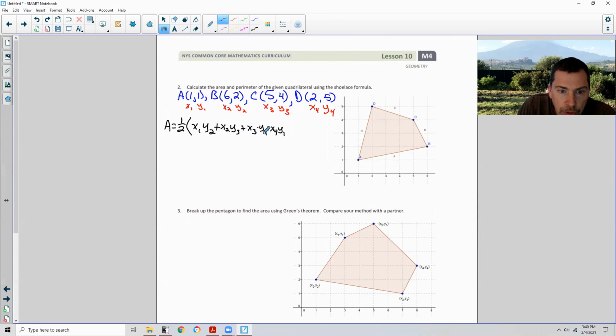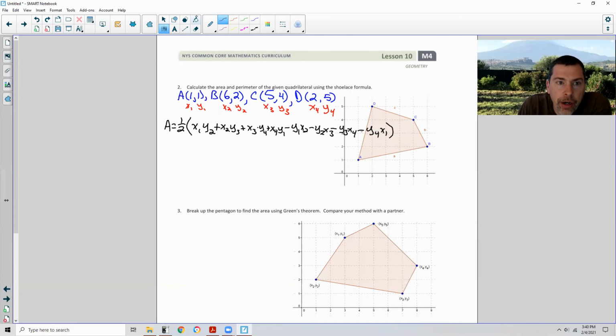So I went 2, 3, 4, 1 with the y's. Then it's minus, and then the y's start first. y1, x2, minus y2, x3, minus y3, x4, minus y4 back to x1.